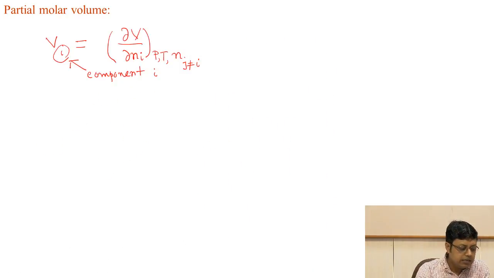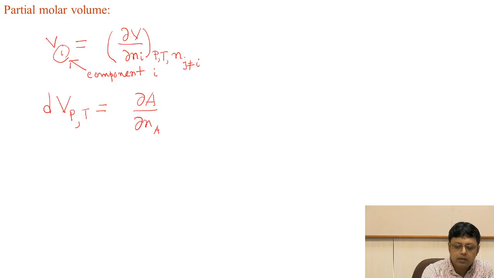Now interestingly, if you ask me what will be the total differential of the change in volume, that differential at constant pressure and temperature should be the partial derivative when we change the component A. Suppose I can be here A and B, so it's a two-component system.